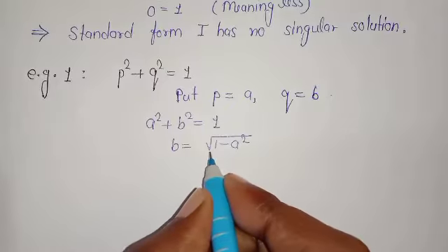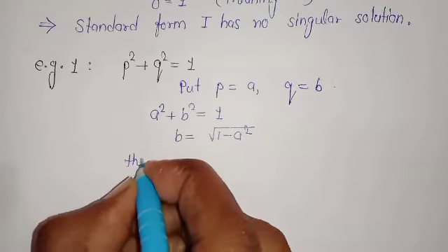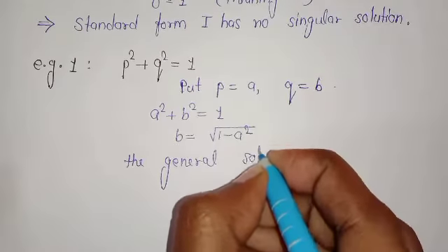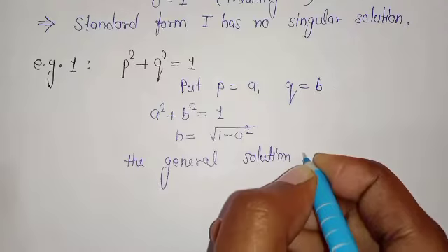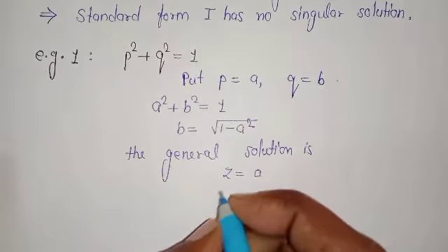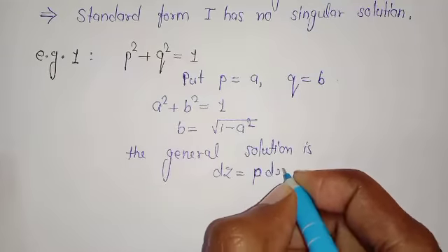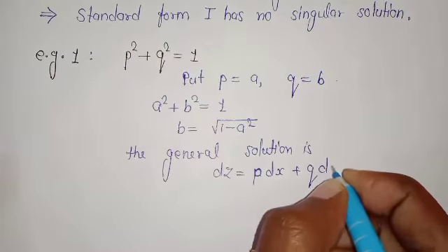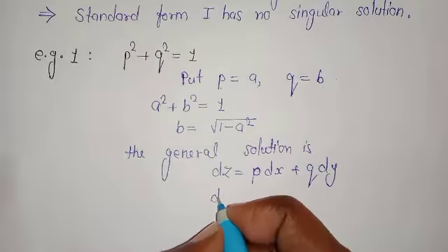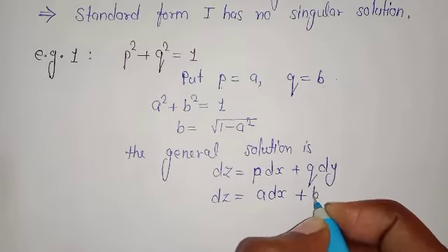Now this b becomes a function of a, and if we write the general solution, the general solution for the first standard form is z equals ax, or we can write dz equals p dx plus q dy, and p is a and q is b, so we can write dz equals a dx plus b dy.